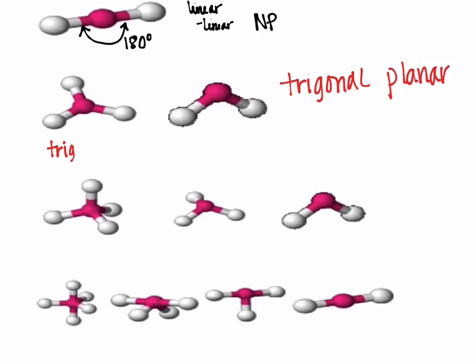It is trigonal planar. If you look at those bond angles, that is 120 degrees between each atom. If they're all the same atom, then the polarity would be nonpolar.